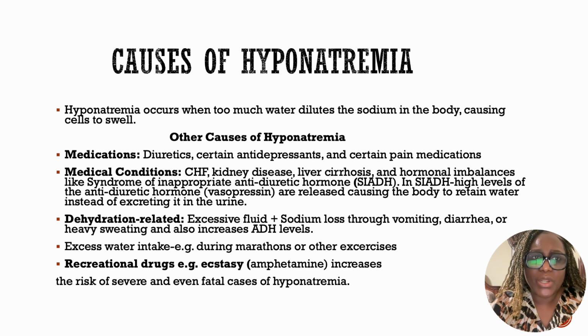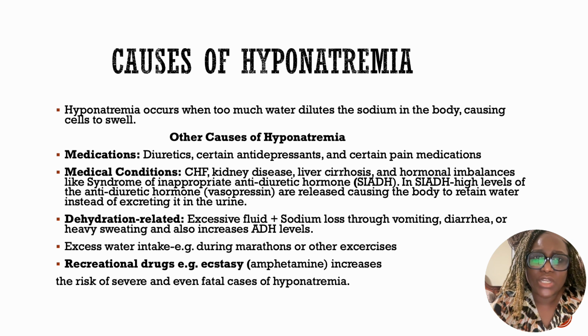And then medical conditions, these include CHF, renal failure or kidney failure, liver cirrhosis, and then conditions where there's hormonal imbalances, especially conditions where there's excess amounts of antidiuretic hormone, which causes the kidneys to retain excess water.